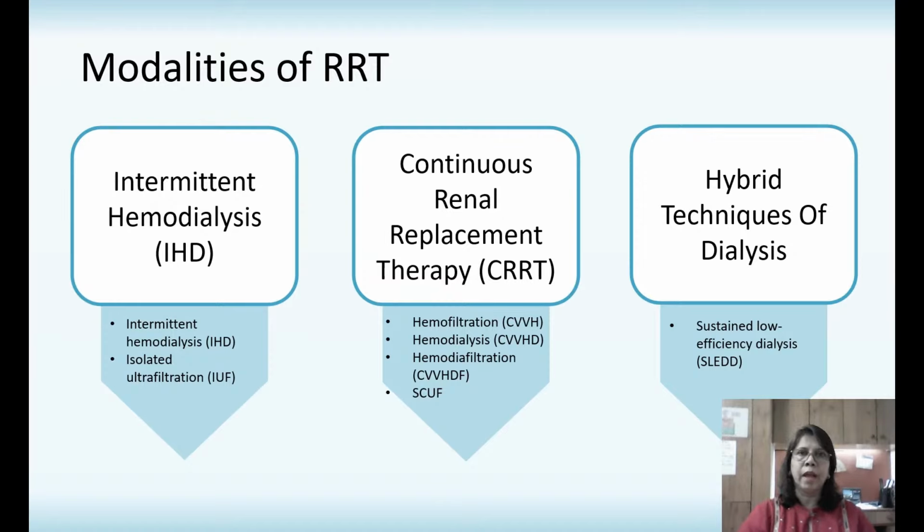The second modality is the CRRT, or the continuous renal replacement therapy, which continues over a period of 24 hours, 48 hours and so on. And this requires special machines, special filters and special tubings also. In CRRT we have different modalities again, which are CVVH, CVVHD, CVVHDF and SCUF.